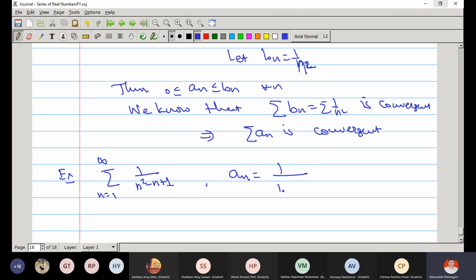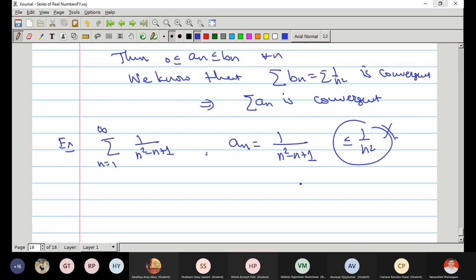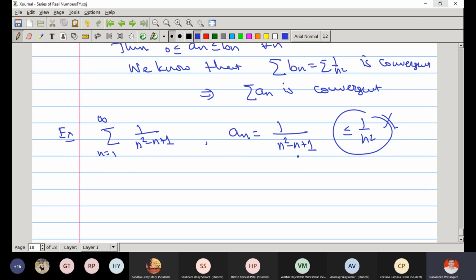The nth term of the series, 1 upon n square minus n plus 1. But I cannot say that this is less than or equal to 1 by n square. This is not true. Why? Because the denominator has a minus. If you neglect minus n, then that corresponding number n square minus n plus 1.